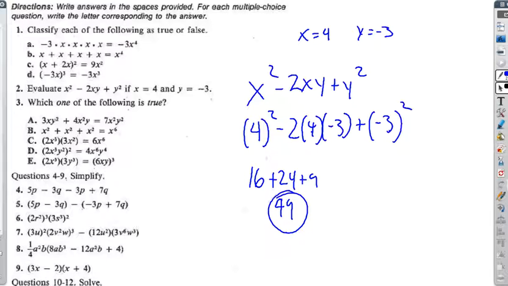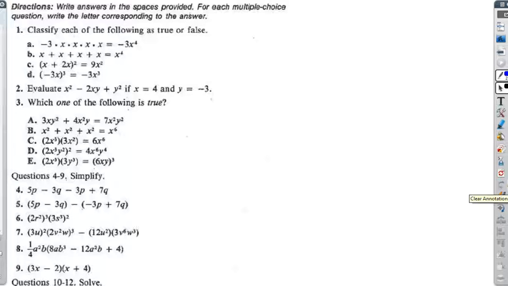Problem number 3. Which one of the following is true? Well, the best way to do this is to actually write out the problem and do it yourself and see if you get a statement that matches. So if I have 3xy squared plus 4x squared y, what does this equal?